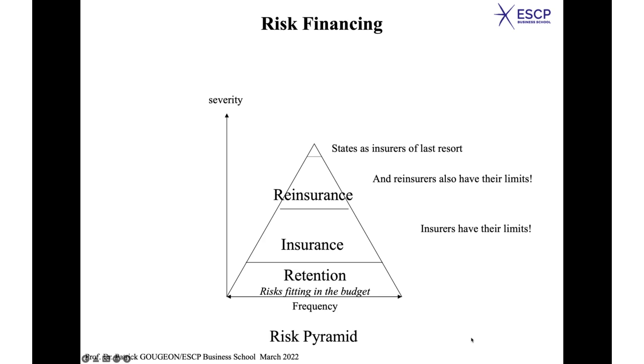Let me give you an example, which is a bit tricky. You remember the Twin Towers in New York when they fell because of the terrorist attack. Immediately after that, all the aircraft were stuck at the airport in New York. They couldn't take off. Why? Because insurers said, considering what has occurred, we have to revise our position.